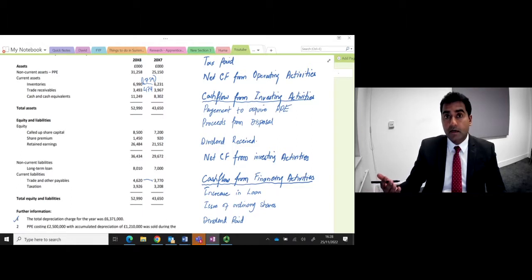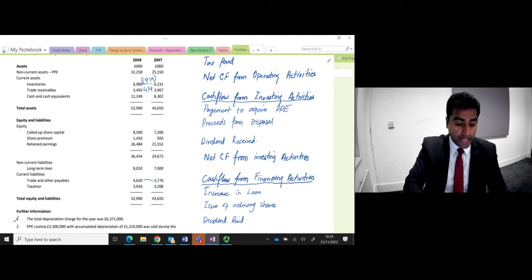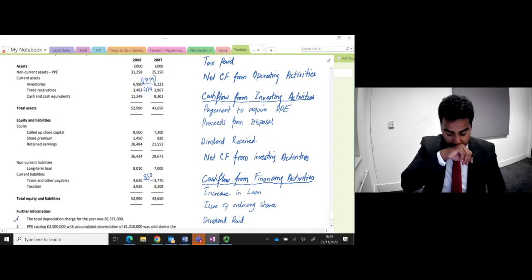It does not mean that they are defaulting. It may mean that they are getting a good credit from their suppliers, so they are not paying. So if the supplier's balance is going up, which means cash is with the company, which is good from cash point of view, which is 850. We will only record the difference.